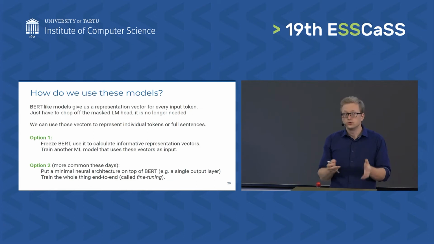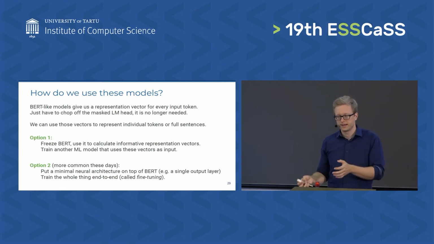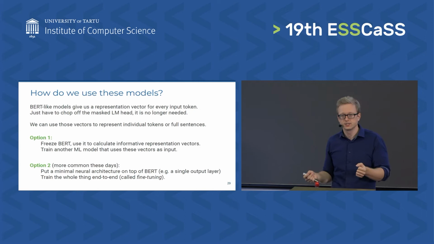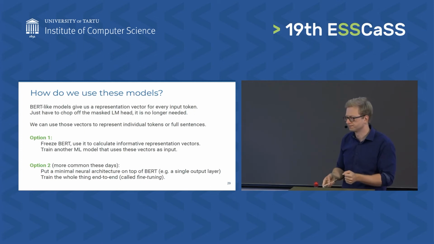That usually works better than option one. It takes BERT, which has been pre-trained to have generally good language representations, and then fine-tunes it for one particular task. And it works quite well.